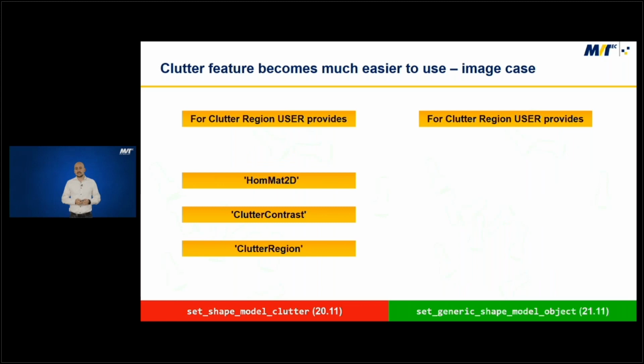So what is now different? With Halcon 2011, the version we integrated this feature, you had to manually set the transformation of this clutter region, you had to define some contrast, you had to define the region itself. And now with HALCON 2111, no need to define any transformations or contrasts, you only input the regions.